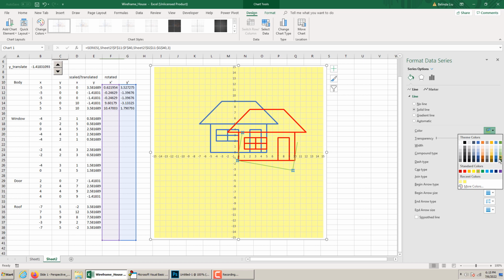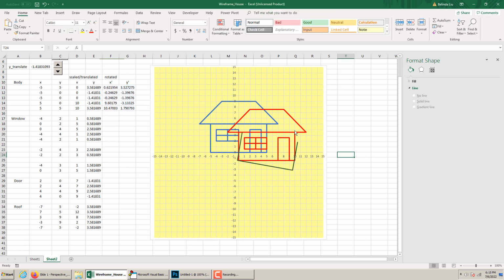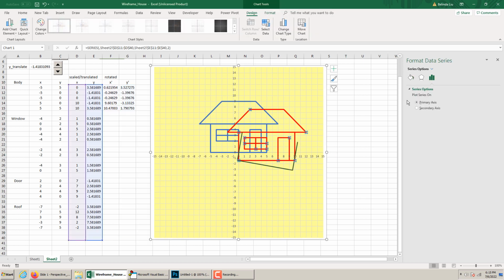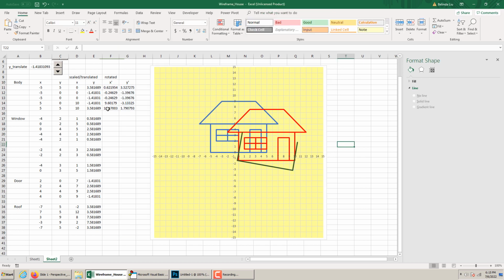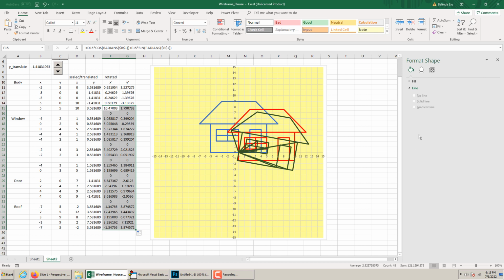Let's make it darker, like this green. Okay, and I think the thickness is 3. I'm not sure how much it is. 2.5 maybe. Let me see. Click on this. 3, right? So let's make it 3.